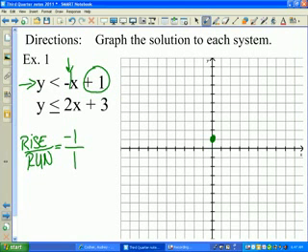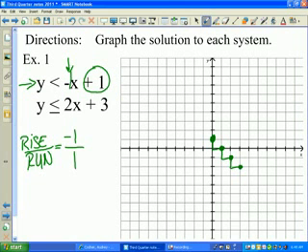Anytime you see a whole number, that number is over 1. So from my y-intercept, I need to travel down 1 and over in the positive direction, which is to the right 1. So I go down 1 and to the right 1. That's very similar to what we've been doing with any kind of linear equation.